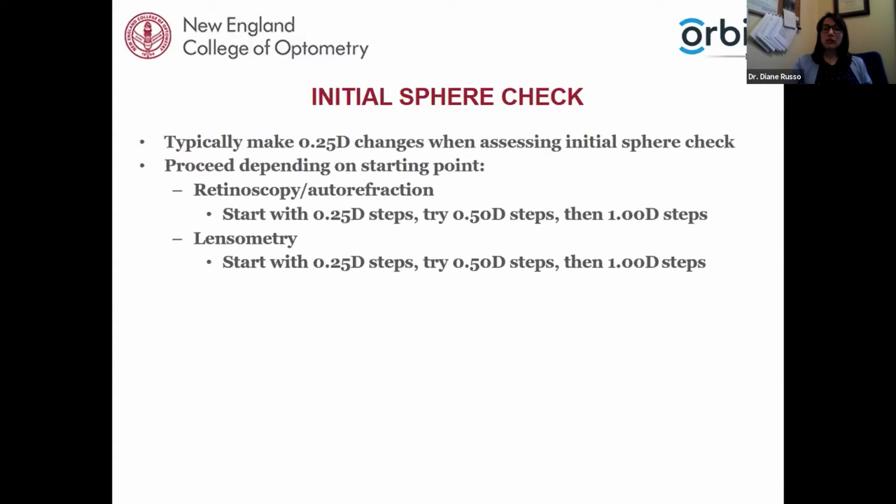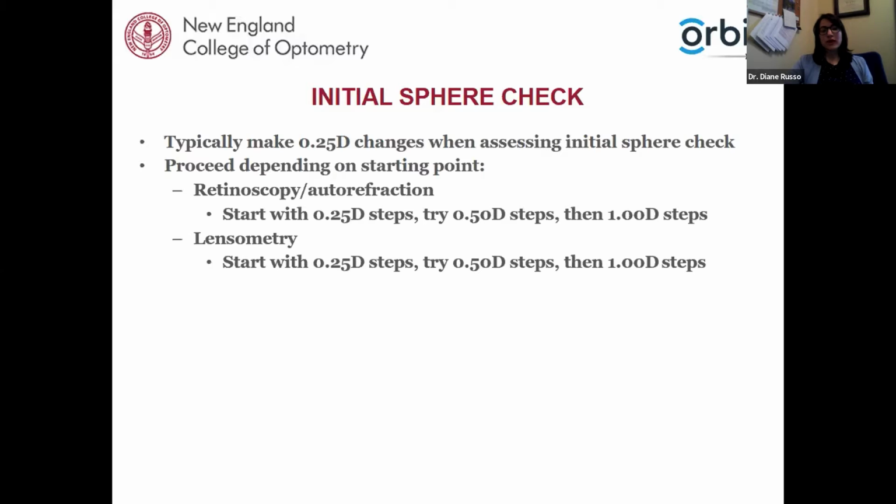Sometimes it's easier for the patient to notice a difference if you go in larger steps. So you can try a -0.50 or a +0.50, depending on what the patient's refractive error is that you know of at the time. If the vision's very reduced, you could even go in 1 diopter steps.